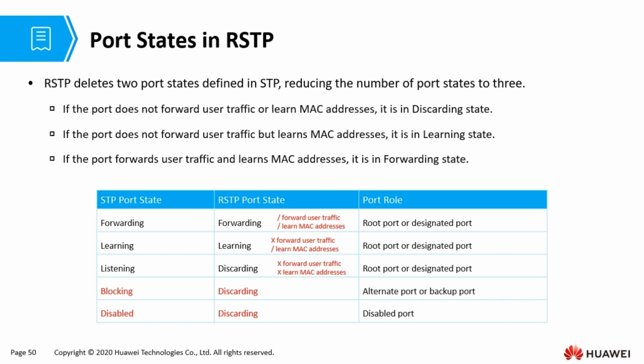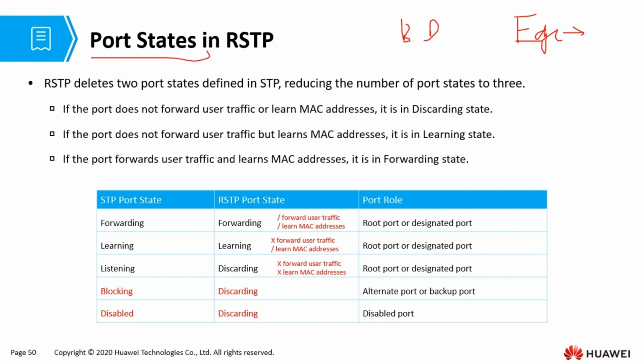Now we understand the differences in port roles between STP and RSTP. Under RSTP, we have the extra backup port for the designated port, and they also introduce the edge port, which can move directly from disabled to forwarding.